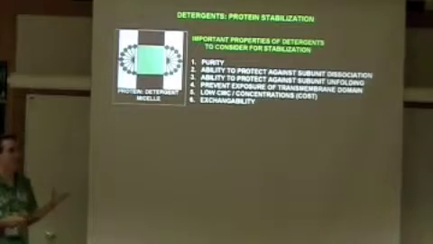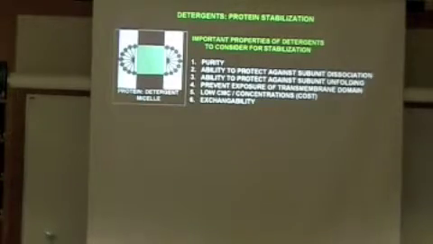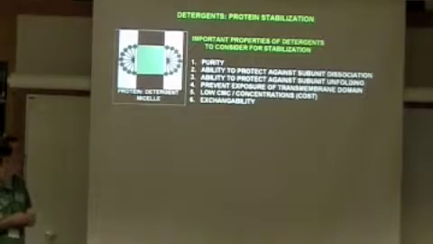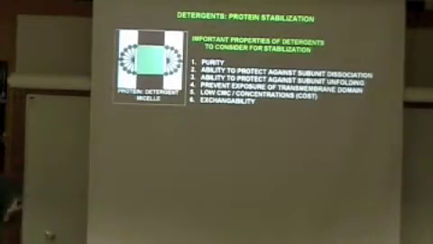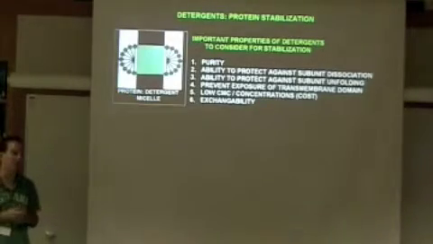And so the types of properties that we'd like to have in detergents in this respect is, again, we'd like to have pure detergents, although this is probably not as critical at this point in time. Again, we want to keep an eye on denaturation, so the ability to protect against subunits being dissociated away from our main complex, and indeed to protect against unfolding and denaturation in general, is an important property of detergents at this stage in the procedure.